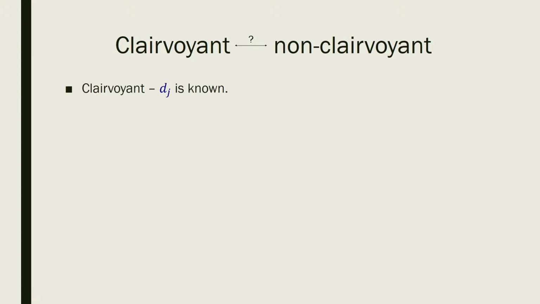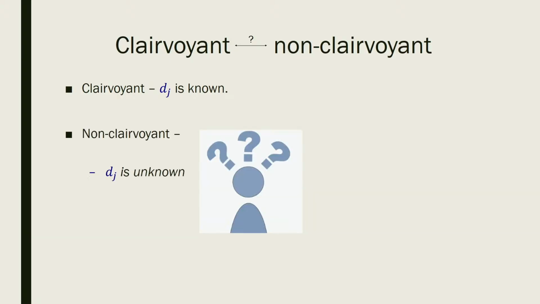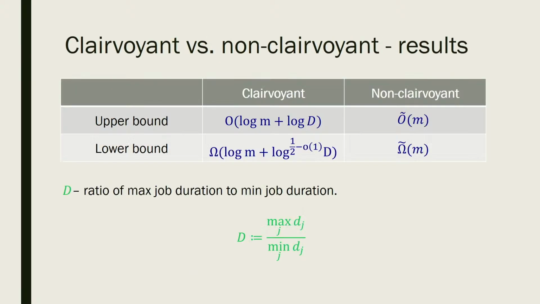That's the definition of clairvoyant versus non-clairvoyant. Clairvoyant means that you know the duration upon arrival, and non-clairvoyant means that only when the job is leaving do you know what the duration was. Please note that the load is known, because when a job arrives, you have to know what the effect would be if you put it on any machine. So the load is known, but the duration is possibly unknown.